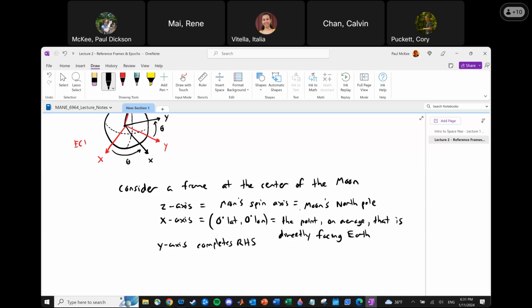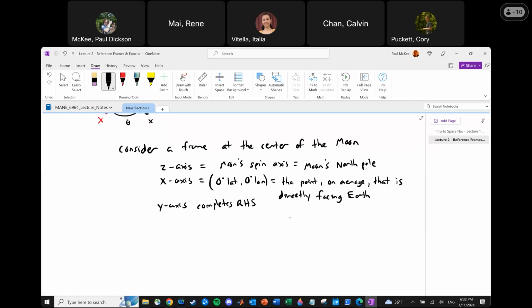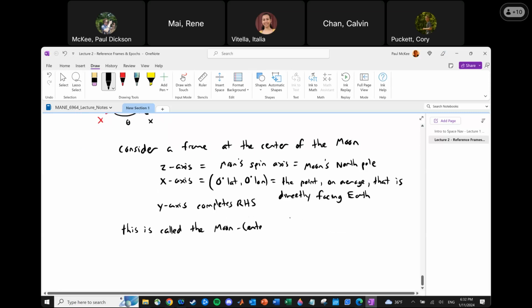And so once again, that's going to have a very simple rotation between the moon-centered, moon-fixed frame and the moon-centered inertial frame. Same basic idea as the ECEF and the ECI frame. So this is, I hope y'all are tracking, the moon-centered moon-fixed frame, or MCMF.